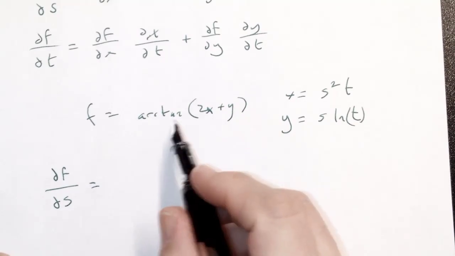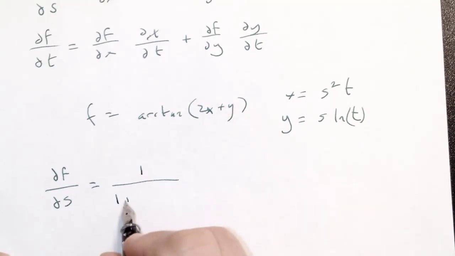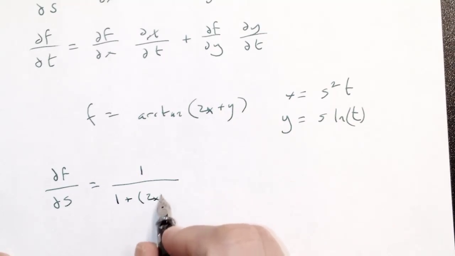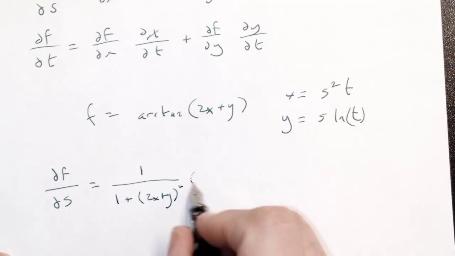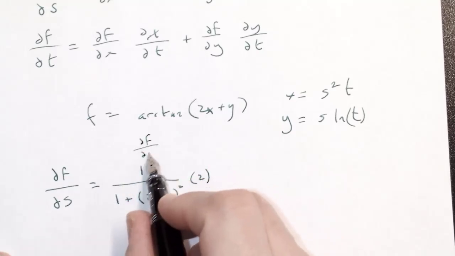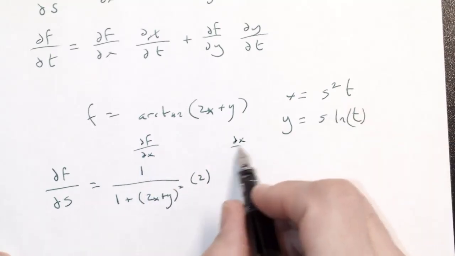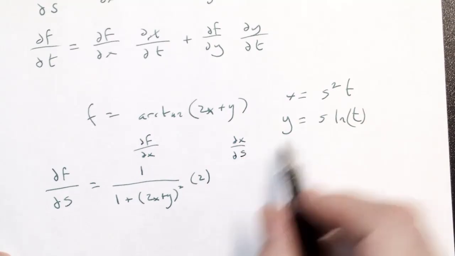So derivative of f with respect to x, 1 over 1 plus stuff squared, derivative of the stuff. What's the derivative of 2x plus y with respect to x? Just 2. So that's partial of f with respect to x times partial of x with respect to s.